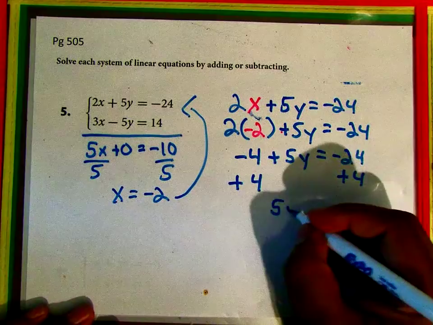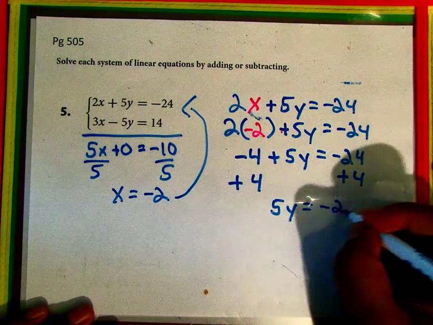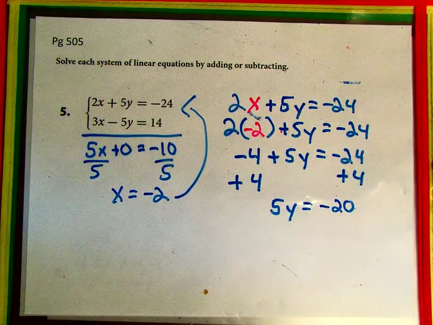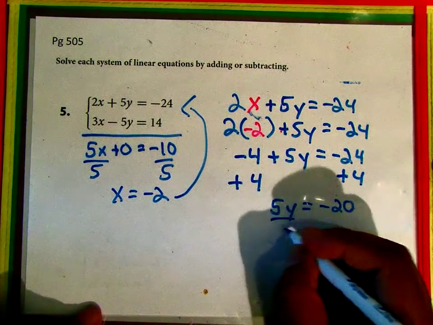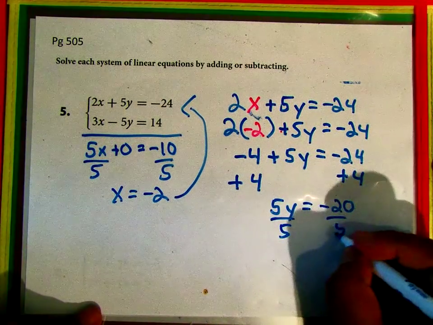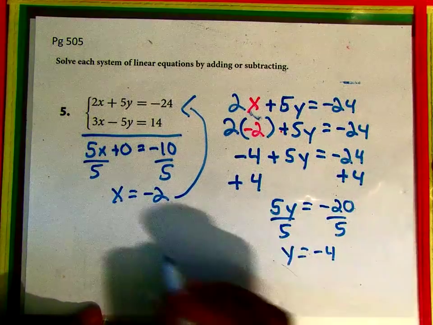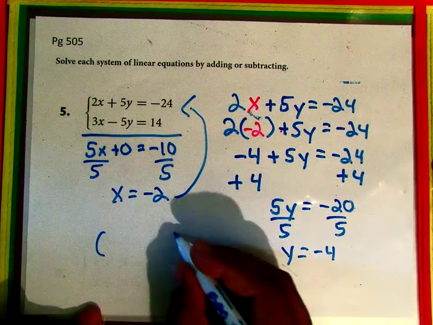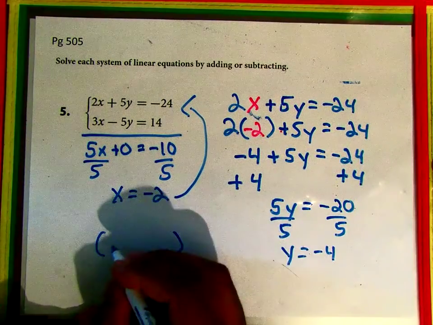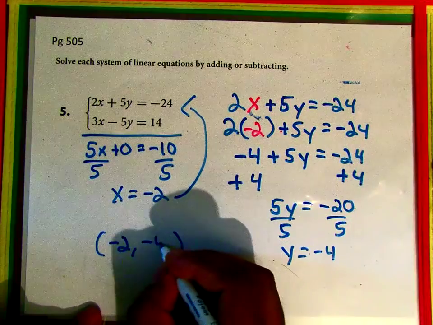That leaves us with 5y is equal to negative 20. And then we divide by 5. And y is equal to negative 4. So now we have x and we have y. So we have enough for our coordinate. And that's going to be x, negative 2, comma, negative 4.